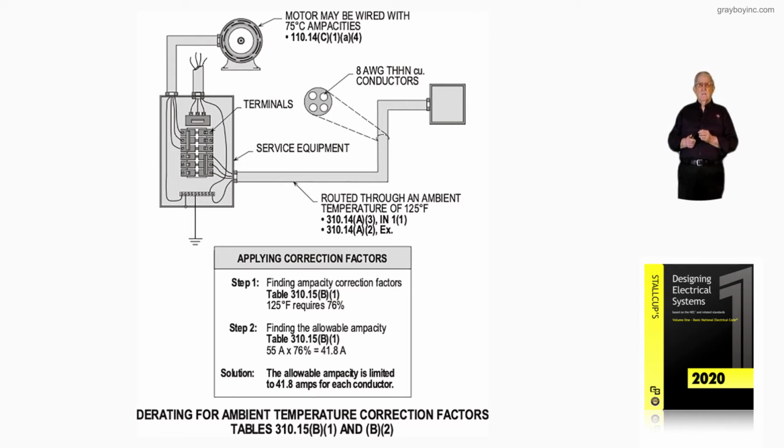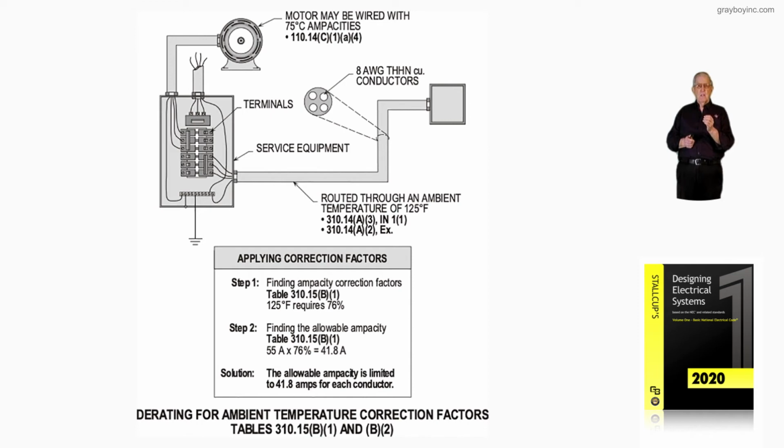Now, we're ready to use the final item number 4 that's listed to the left pointing to the conduit. We have 8 conductors in that raceway that are classified as current carrying per Table 310.15C1 as well as 310.14A3 informational note 1, item number 4.